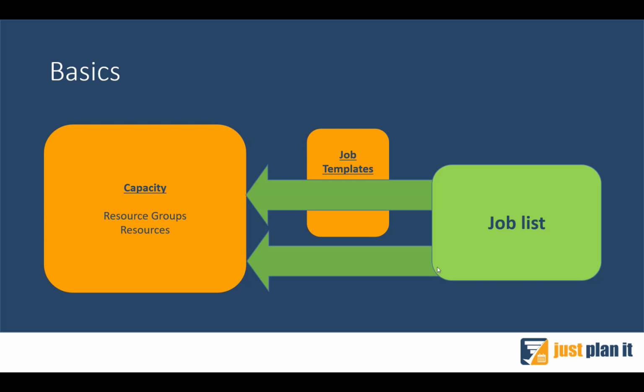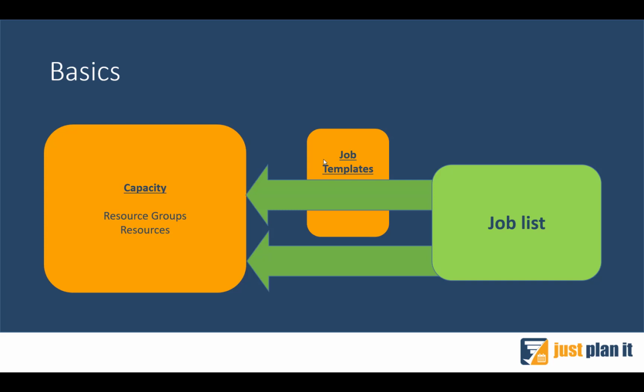And remember, we have been creating our capacity in JustPlanet. That meant that you defined your resource groups and resources, and then you learned how to define recurring routings with job templates.